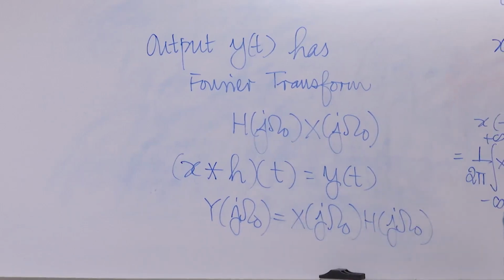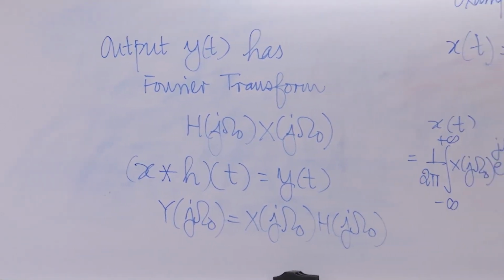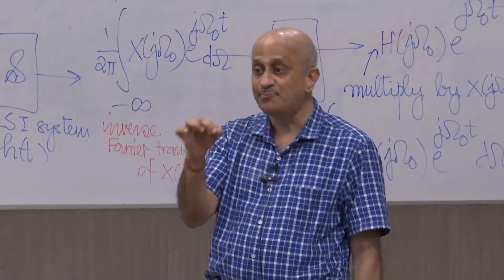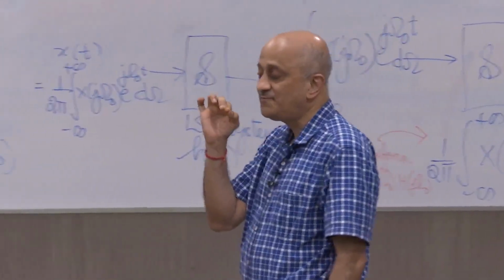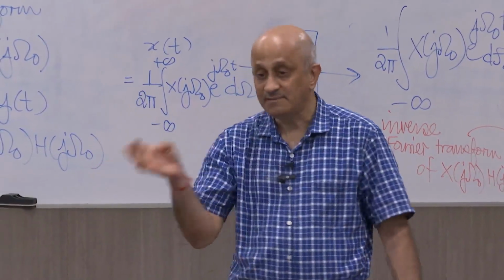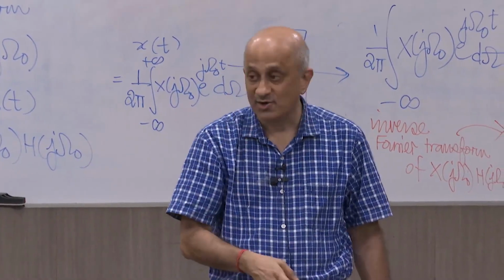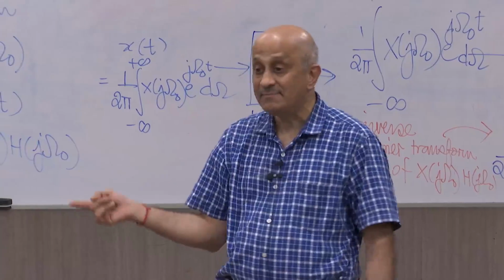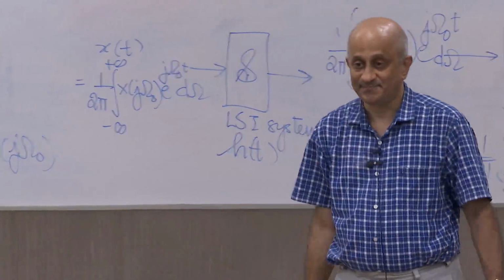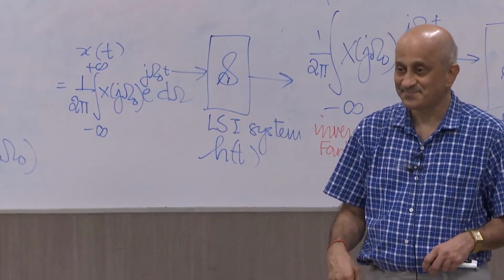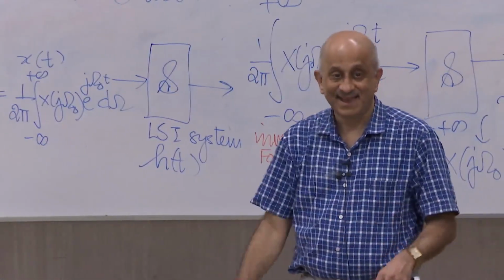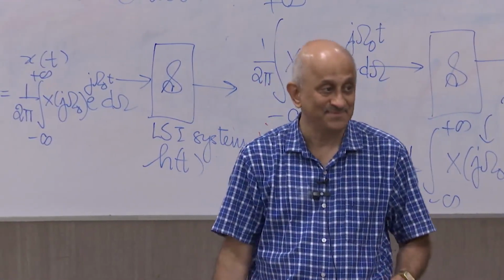In fact, let us take a minute to appreciate what we are saying here. The component of the output along the angular frequency ω0 is equal to the component of the input along angular frequency ω0 multiplied by the component of the impulse response along the angular frequency ω0. So, it is a component wise decoupling.